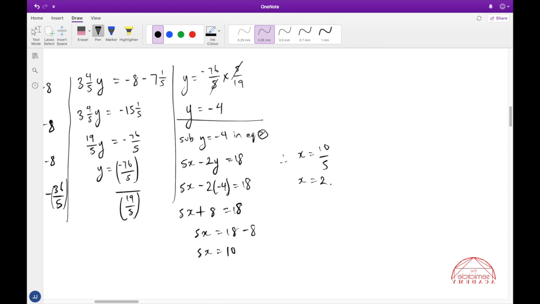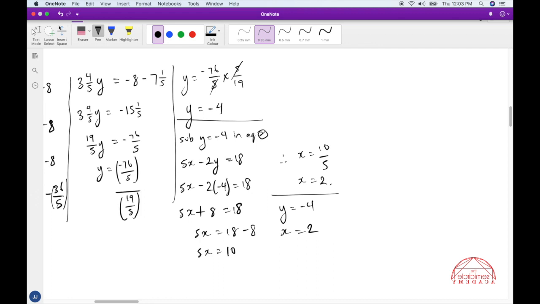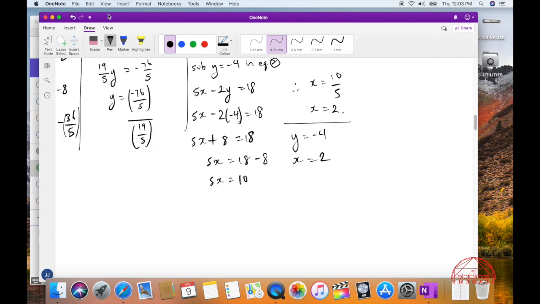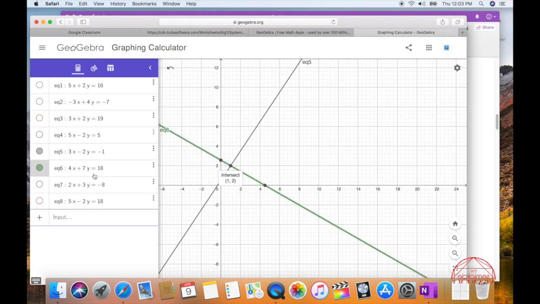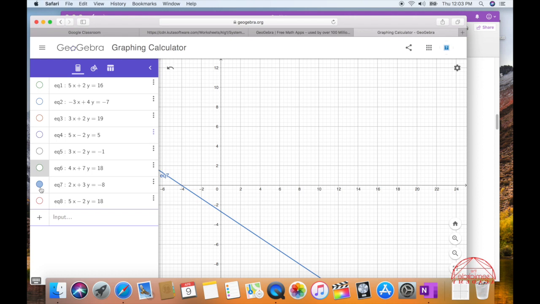So we see in here that for this equation, when y is negative 4, x is equal to 2. And how about we just check and see if that is true in our equations here. So we have the first equation, 2x minus 3y is equal to negative 8.